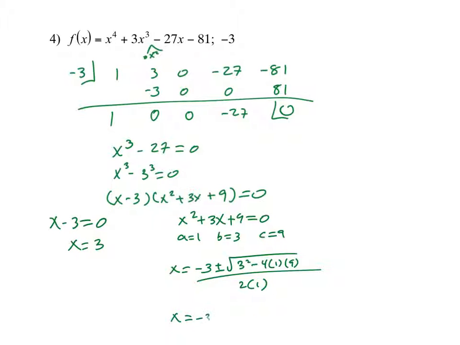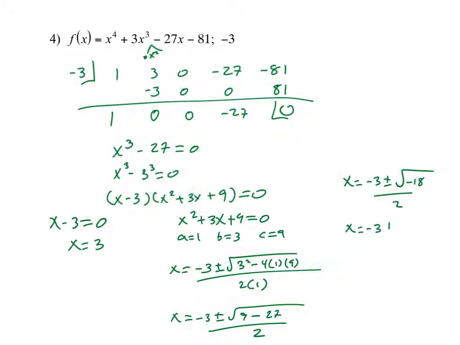So x equals negative 3 plus or minus the square root of 9 minus 36, divided by 2. So x equals negative 3 plus or minus the square root of negative 27, divided by 2. Negative 27, I can simplify as negative 9 times 3. So x equals negative 3 plus or minus 3i square root of 3, divided by 2.